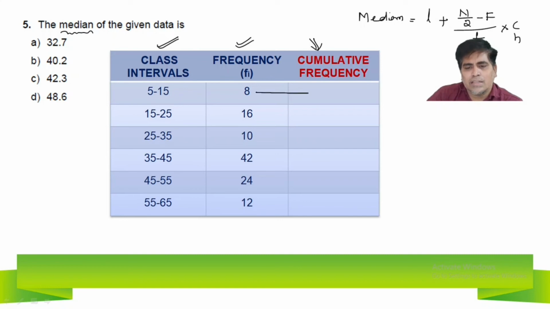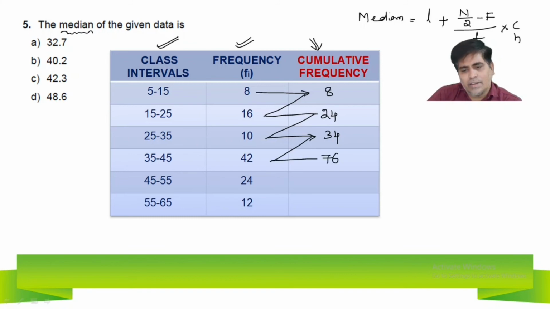First write 8 as it is, and next add the next frequency: 8 plus 16 is 24. 24 plus 10 is 34. 34 plus 42 is 76. Add one more, 24, and we get 100. And 100 plus 12.